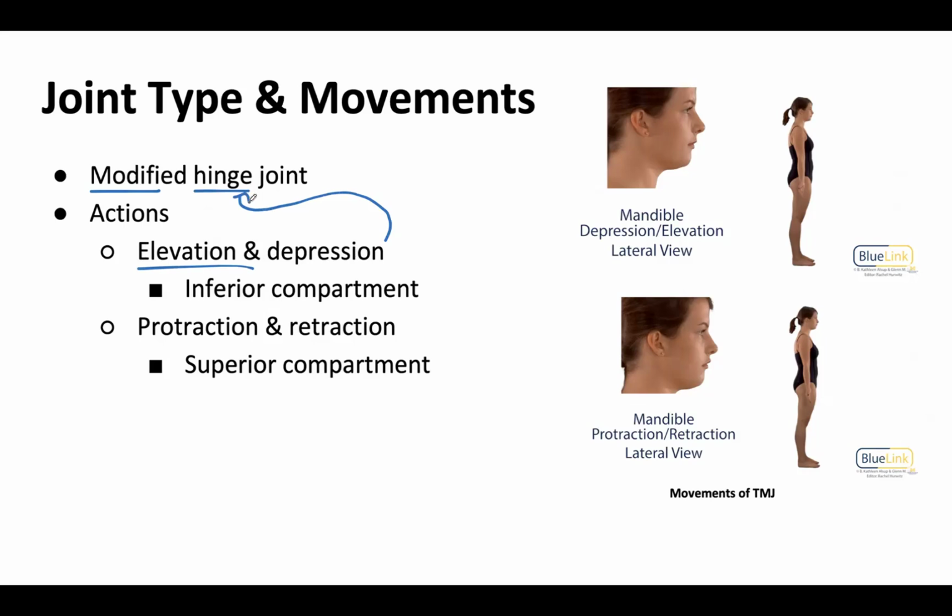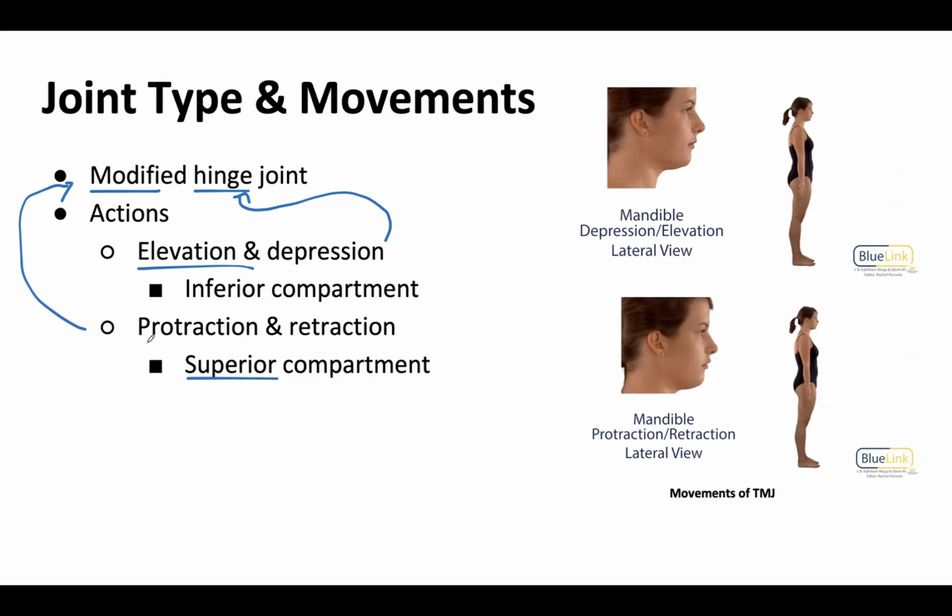Now, it is modified because in the superior subcompartment, this allows for more of a plane joint type action. So gliding actions occur here, which in this specific joint is called protraction and retraction, or sometimes you'll hear protrusion and retrusion.